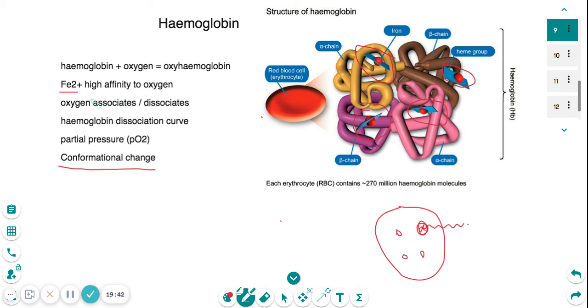We talked about this idea that hemoglobin has a high affinity to oxygen, and that high affinity is because of the iron, and that fetal hemoglobin has an even higher affinity to oxygen. One thing I didn't mention is this word here, oxyhemoglobin. A hemoglobin molecule which is carrying oxygen is called oxyhemoglobin. So hemoglobin plus oxygen equals oxyhemoglobin.